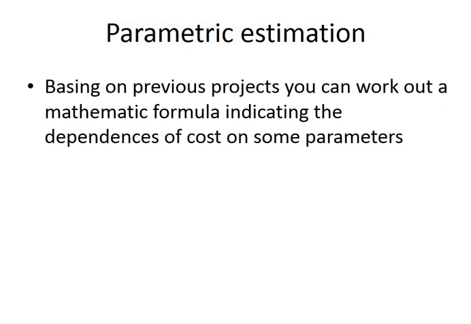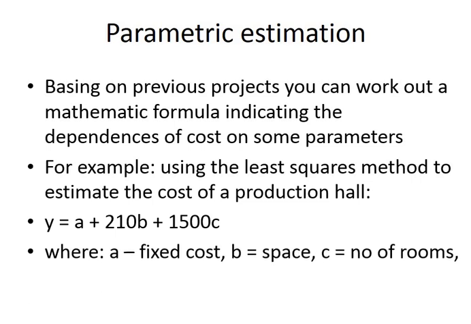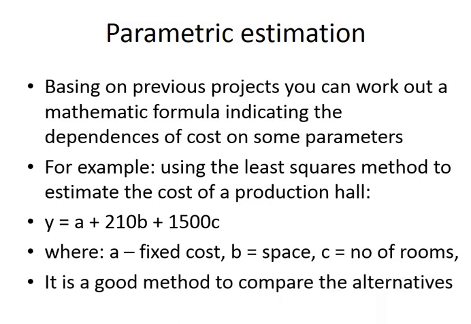Another much more advanced way of estimating the cost is called parametric estimation. So you also base your estimations on previous projects, but what you do is that, well, you use mathematics. I mean, you can come up with a function like that, for which you have your parameters, and you just use them to get your final cost.